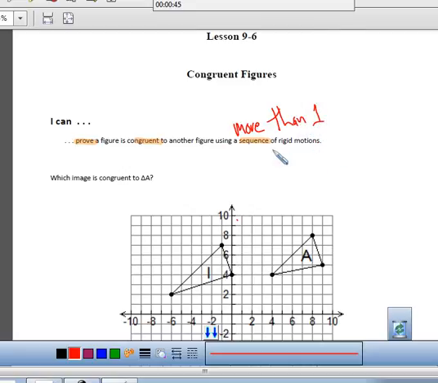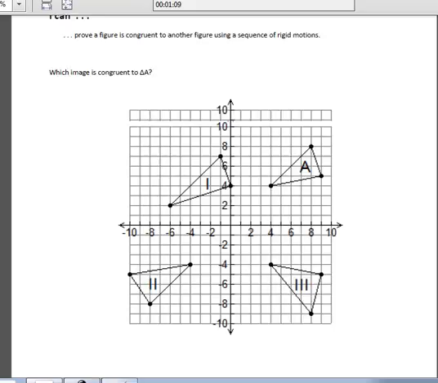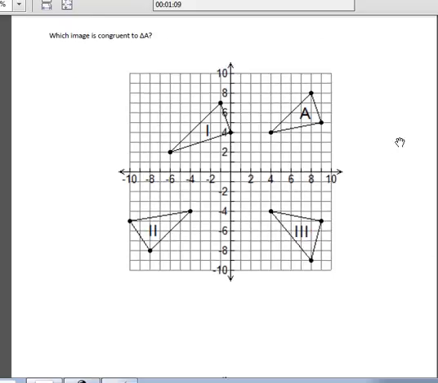Okay, so we have an example to look at on page 42 and talk about which image is congruent to triangle A. So we're looking to see if any of these images are congruent. And remember what congruent means: same shape, same size, basically.